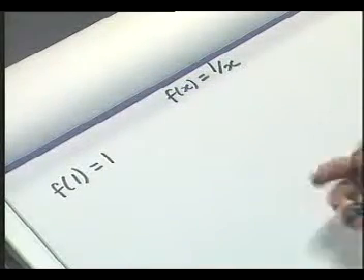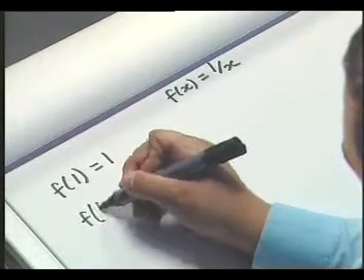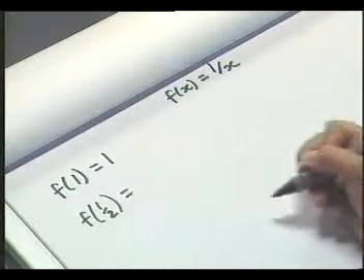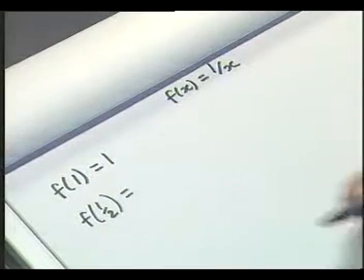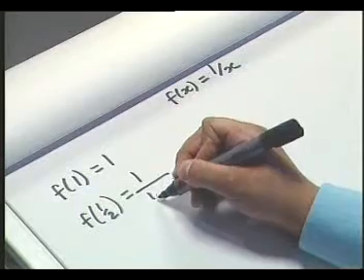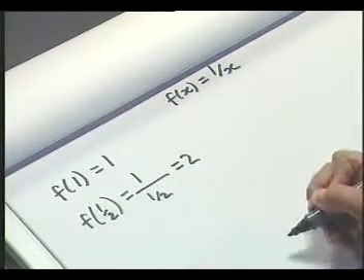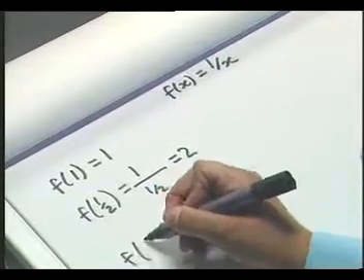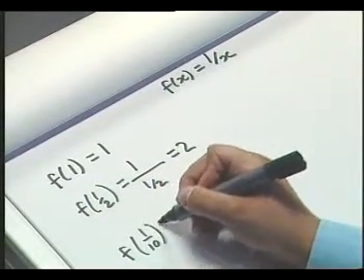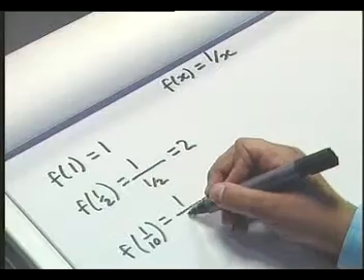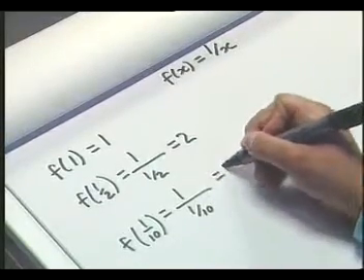So if I get closer to 0 again, let's look at f of 1/2. That's 1 divided by 1/2. So it's 1 over 1/2, which just gives us 2. So what about f of 1/10? That just gives us 1 divided by 1/10, which gives us 10.